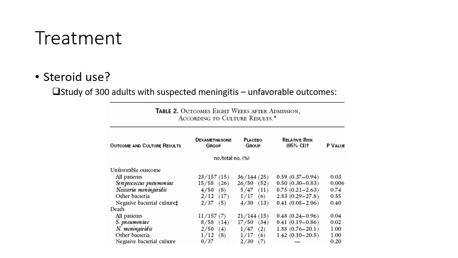With the unfavorable outcome, strep pneumonia had a p-value of 0.006, and same with death, it had a p-value of 0.02, whereas the other organisms or categories listed here do not have a p-value that reaches significance. So most of that significance across all patients is actually derived from those with strep pneumonia meningitis.